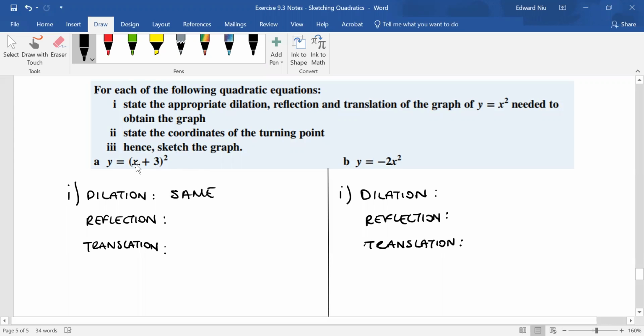So notice how the coefficient of both this equation and the equation y equals x squared is 1. So that's why the dilation won't change. The reflection is, well, it's not going to reflect at all. It's just a minimum. So we're going to have a happy face. And then the translation, it's going to shift left 3 units.